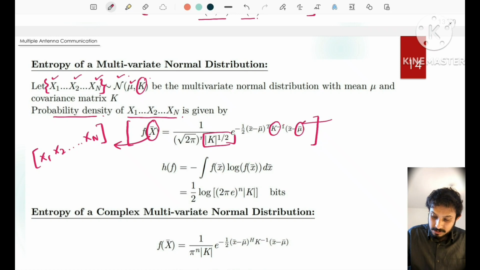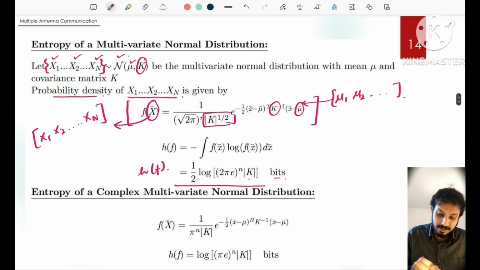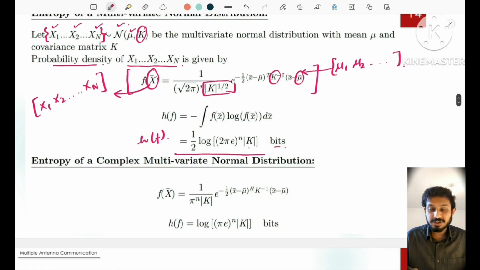So mean is also a vector, mu1, mu2, and so on. When we solve this, what we get is 1 by 2 log 2 pi e power n and determinant of covariance matrix bits. So entropy in this case of multivariate normal distribution is a function of the covariance matrix.